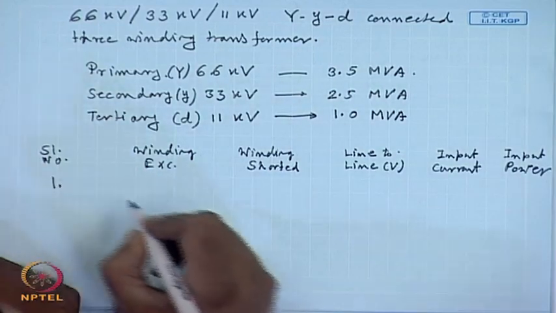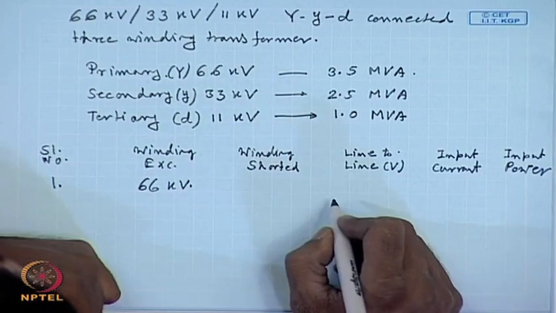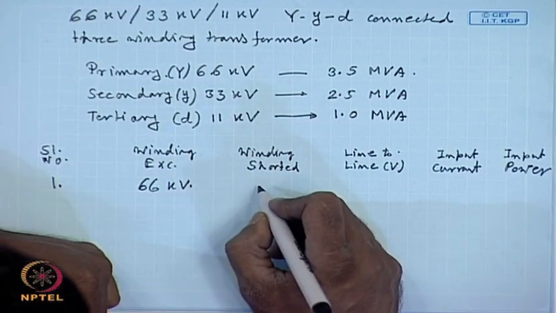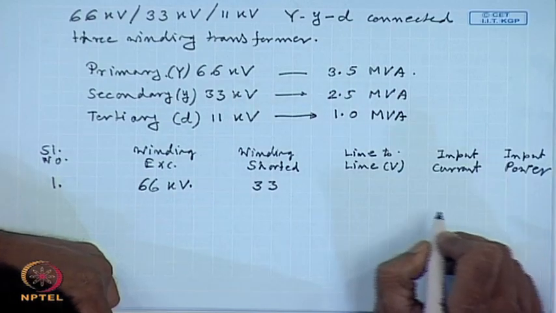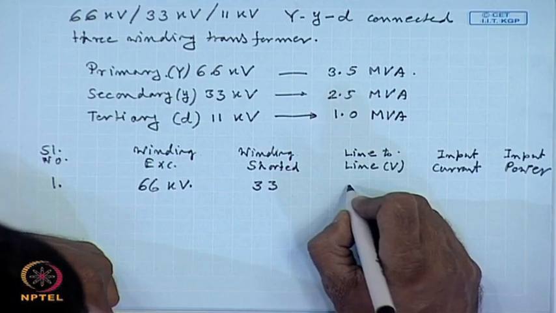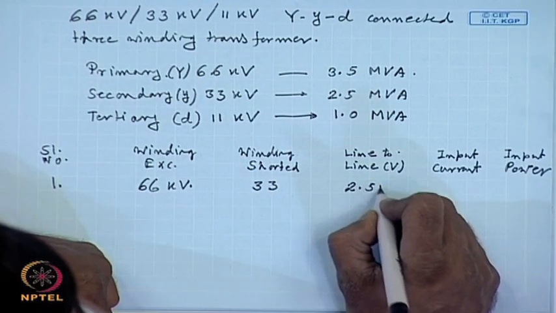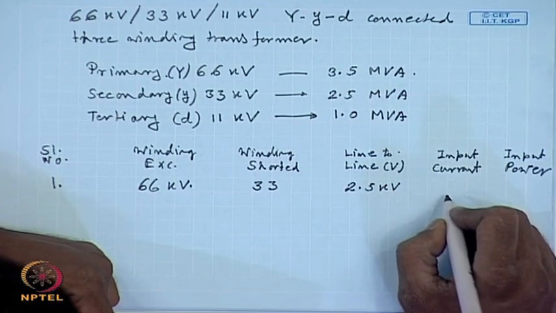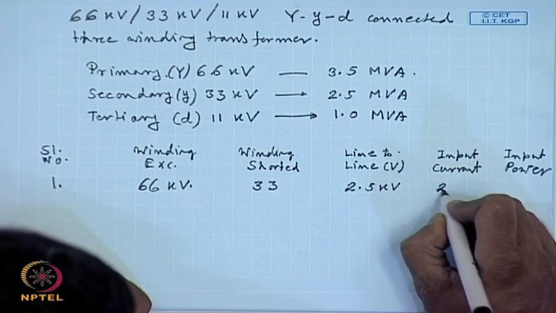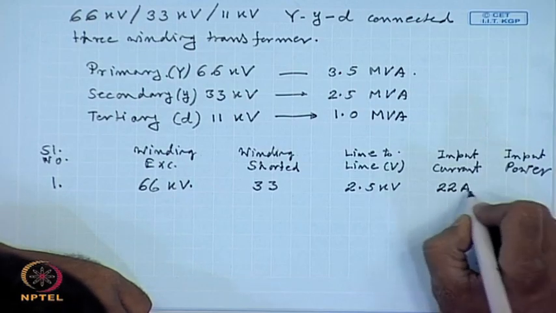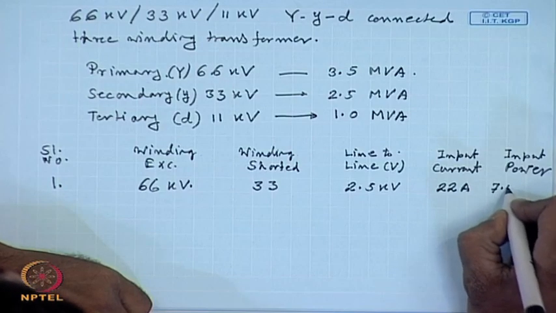So, serial number 1, winding excited is the 66 kV winding, the shorted winding is the 33 kV, the applied line to line voltage on the 66 kV is 2.5 kV, that circulates a current of 22 ampere through the HV winding, and the input power is 7.5 kilowatt.